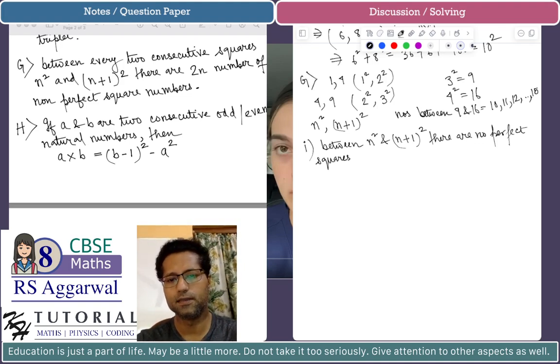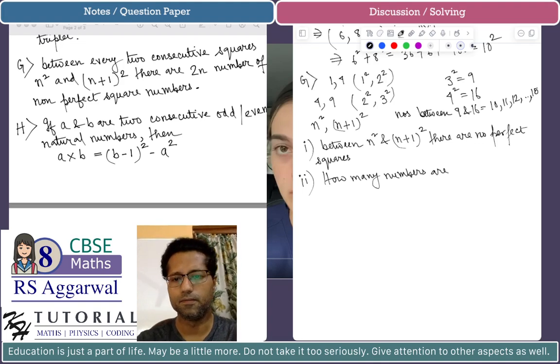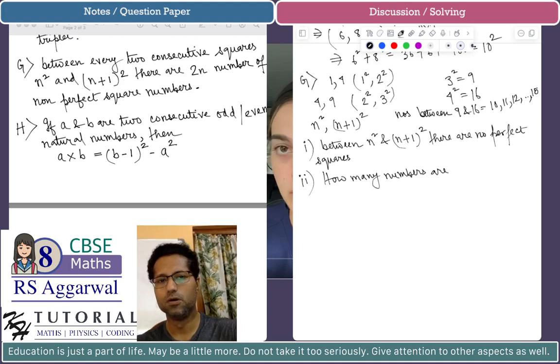Now the second thing: I'm trying to explain why between two consecutive squares, n square and n plus 1 whole square, there are 2n number of non-perfect square numbers. I'm trying to prove this.